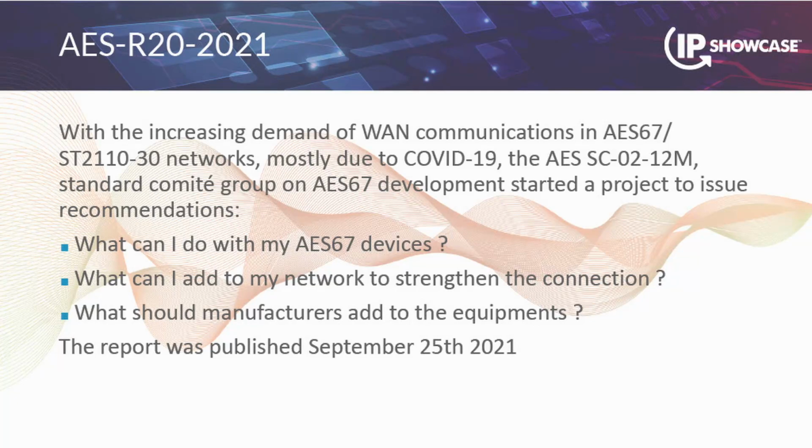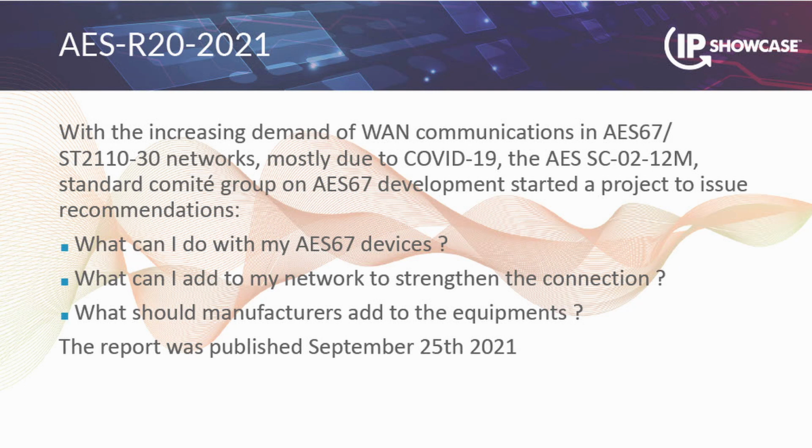Go figure. So at the AES standard committee, SC-02-12M, we decided to start a working group on defining the best practices of using AES67 beyond the LAN. And this came in handy because, when you compare to other audio over IP systems, some are not really over IP, as they cannot easily cross routers and accommodate subnets.